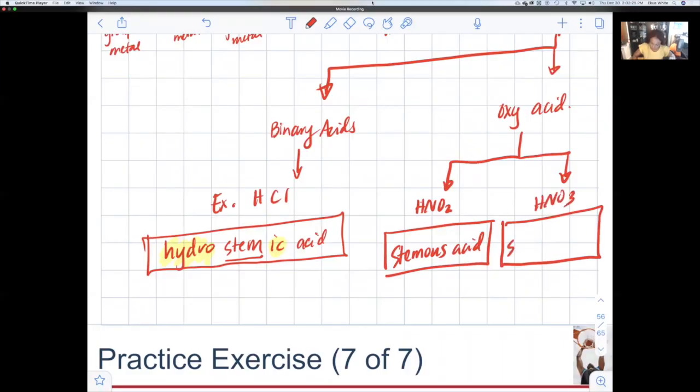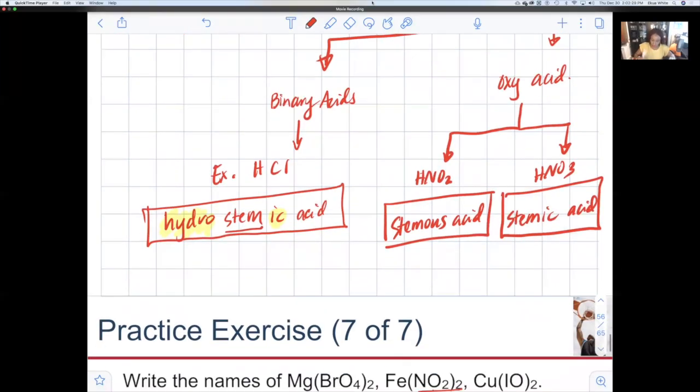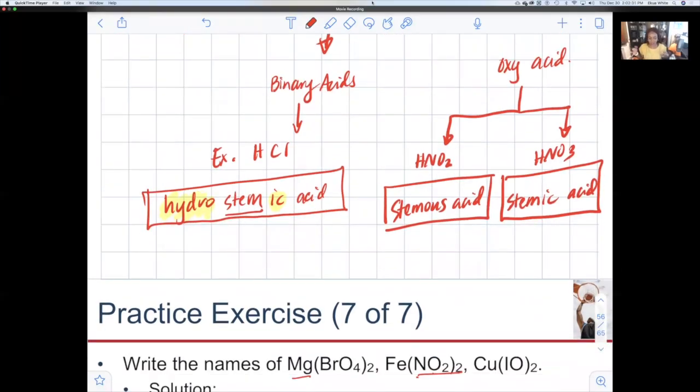HNO3, stem ic acid. So what is the identifier in this acid here? First of all, you have OUS and you have an ic here. Now you can argue, wait, these both have ics. But what is the obvious thing that's missing here? Missing hydro. So I would say the biggest identifier here is the fact that these names are missing the prefix hydro.